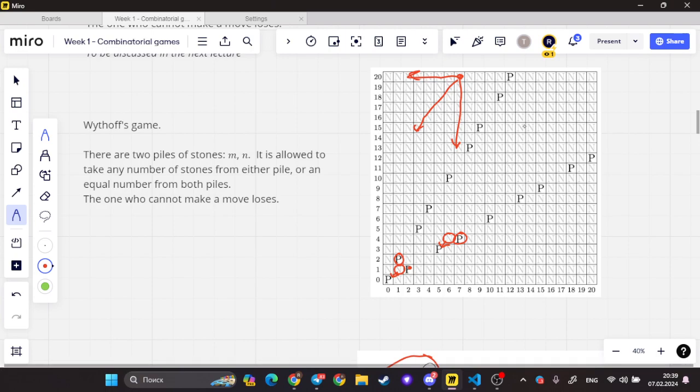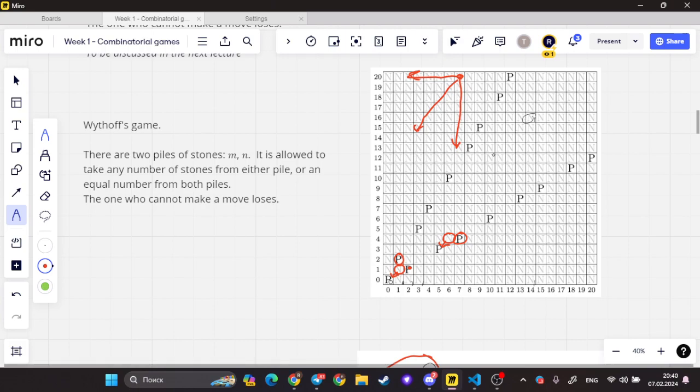If we are located in some vertex that is marked as n and 2e plus 1, that means the first player can win. For example, this will be p null, p1, p1, p1, and so on, and for example, this vertex will be n1 and n2.